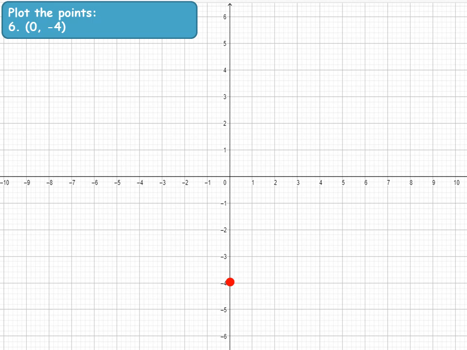All right, and notice how they are in the same line from 0 to -4. In the previous example, we had -4, 0, and they were sitting on the same axis. And this is how we plot points, students.